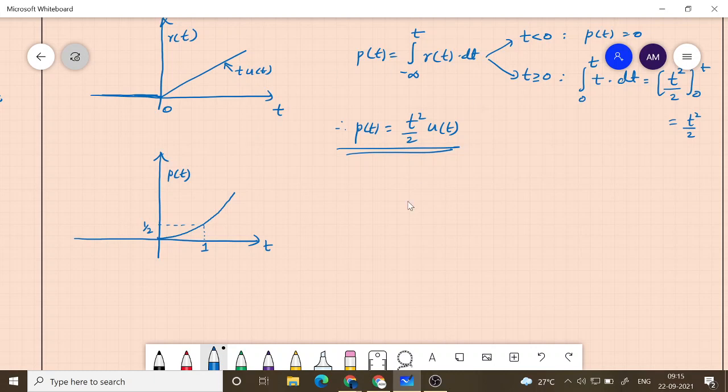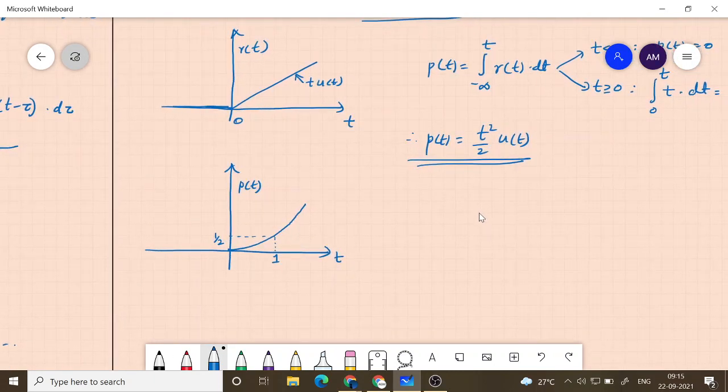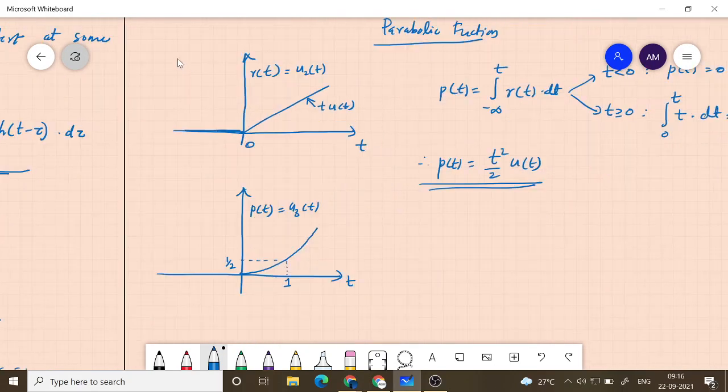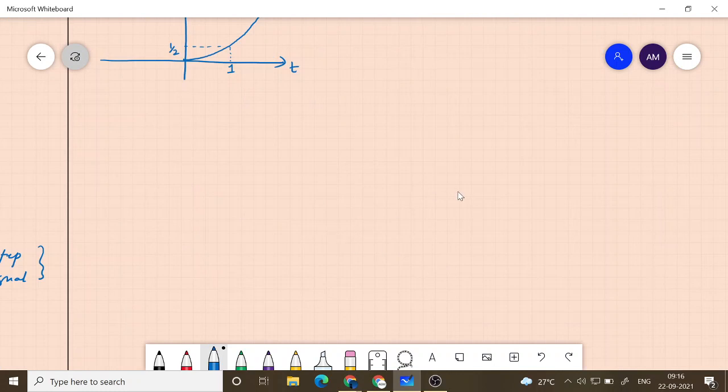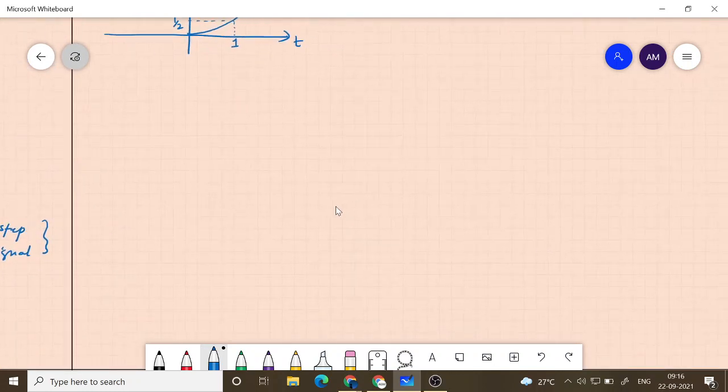This is a class of signals. I can call the ramp function u2 of t, and this u3 of t, and you can still continue, but we usually don't discuss anything beyond the parabolic function. All these functions together we will call uk of t.